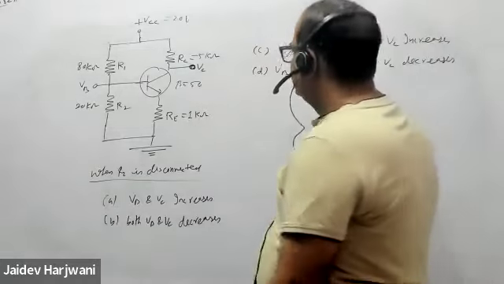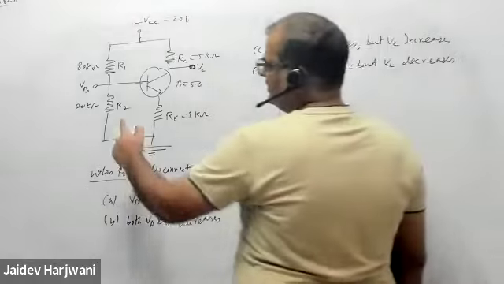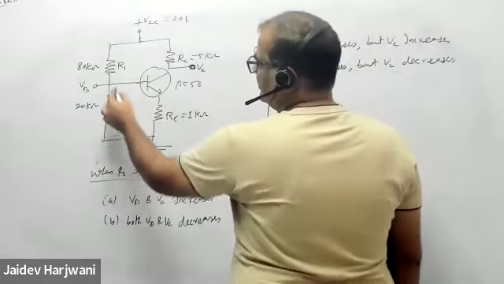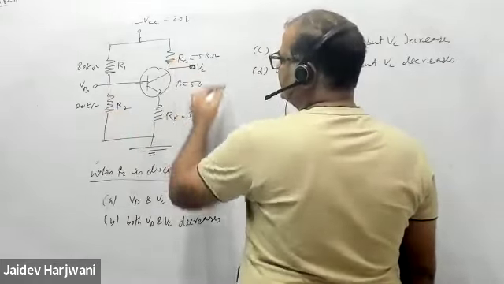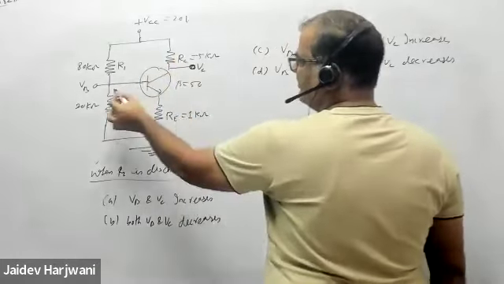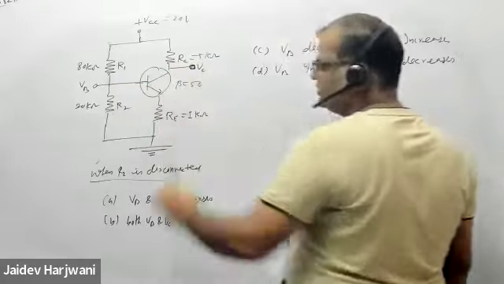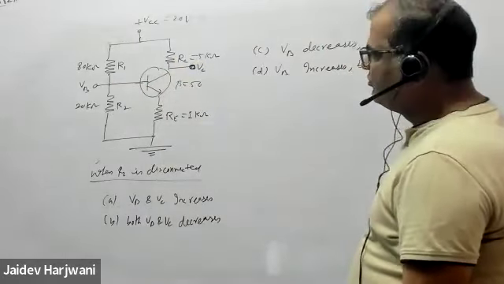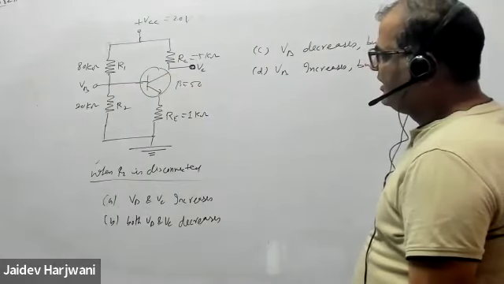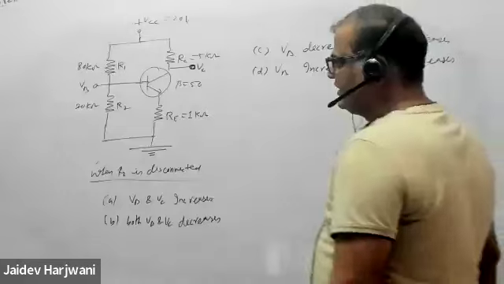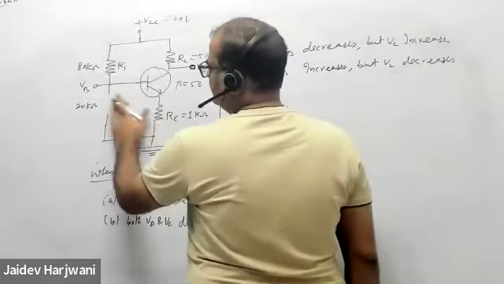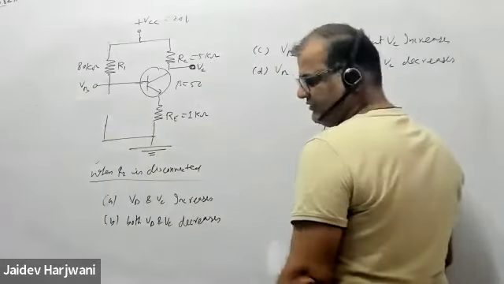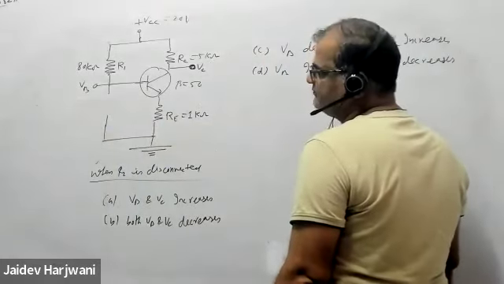So when R2 is disconnected, what will happen here? What happens to VB, what happens to this VC? Now you tell me, if I remove R2, will VB increase or decrease? Sir, VB will increase. How?